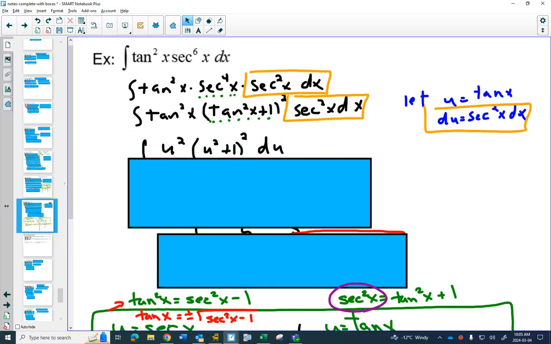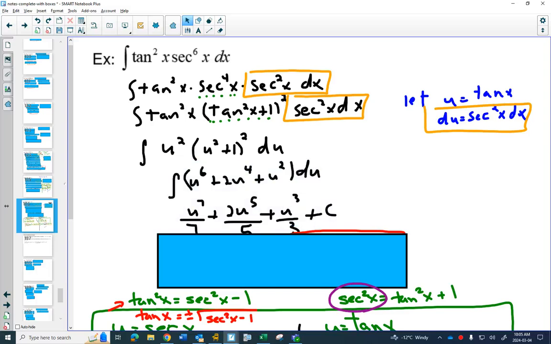I have to do a little bit of algebra. I have to multiply that out, and then distribute the u squared. I'm sure you can do that. You'll get u to the 6th plus 2u to the 4th plus u squared.